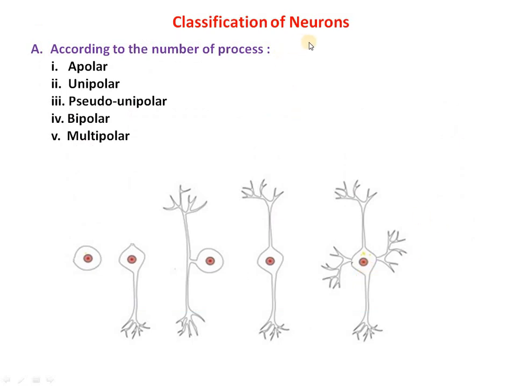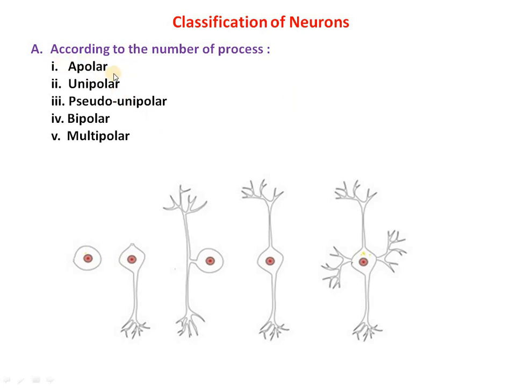Neurons can be classified on the basis of different features. Number one, according to the number of processes. Processes here means the dendrons or dendrites. Dendrons are basically responsible for collecting information from another neuronal cell, and axons are responsible for sending information from the neuronal cell.